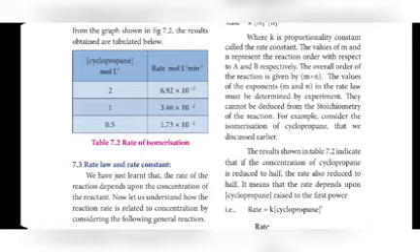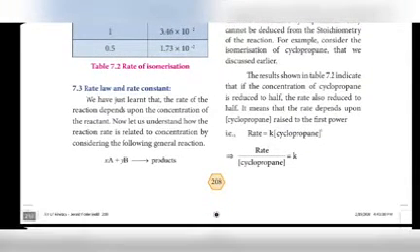Concentration of reactant reduced by half means the rate is also reduced. It means that rate depends upon the concentration of cyclopropane raised to the first power. That is, rate is equal to K into concentration of cyclopropane.